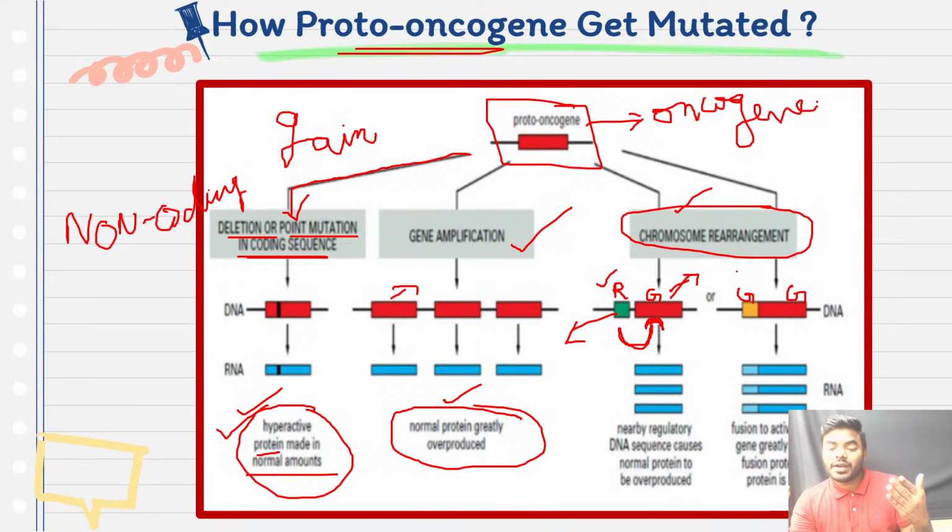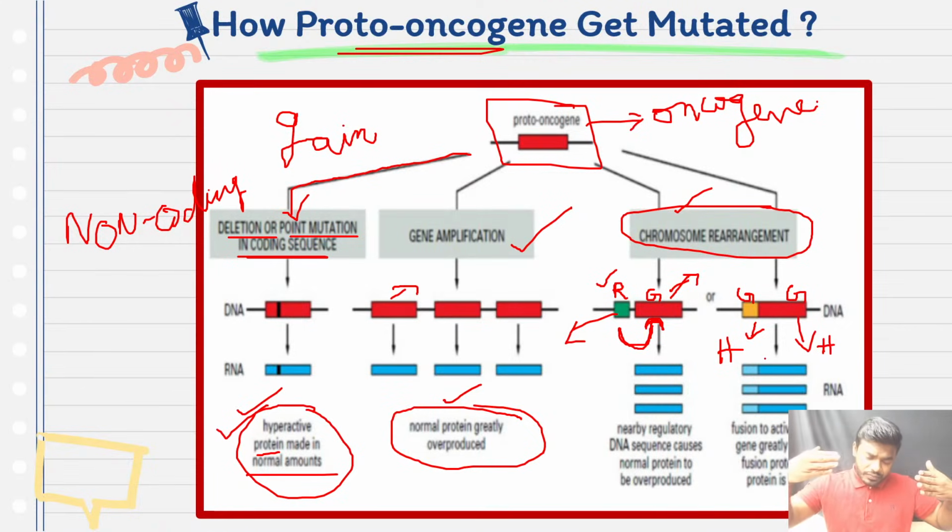But what happened now? The two genes which are having the two different function, both got fused. As a result, whatever the proteins that they are synthesizing, that proteins will become hyperactive completely. Kindly don't get confused with that.